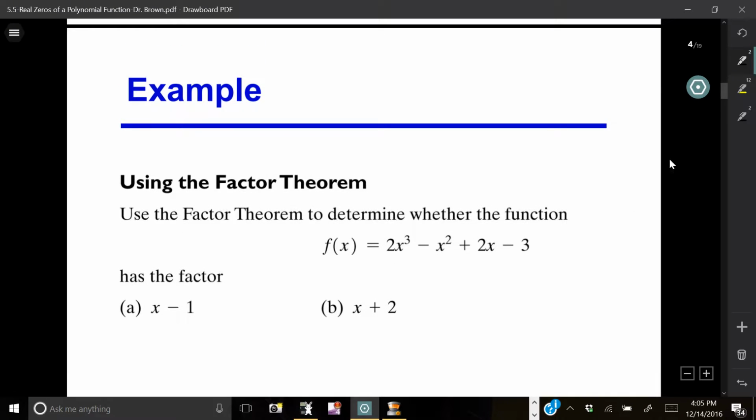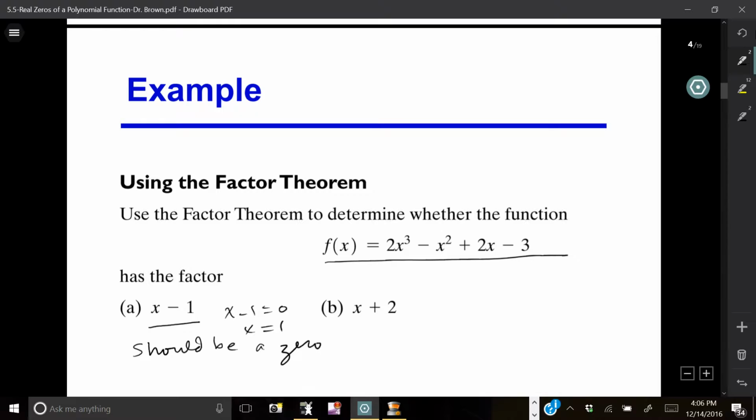Here's an example using the factor theorem. We have the function f of x shown here, and we want to use the factor theorem to determine whether the function has a factor x minus 1. Well, if we set x minus 1 equals 0, x equals 1 should be a 0.